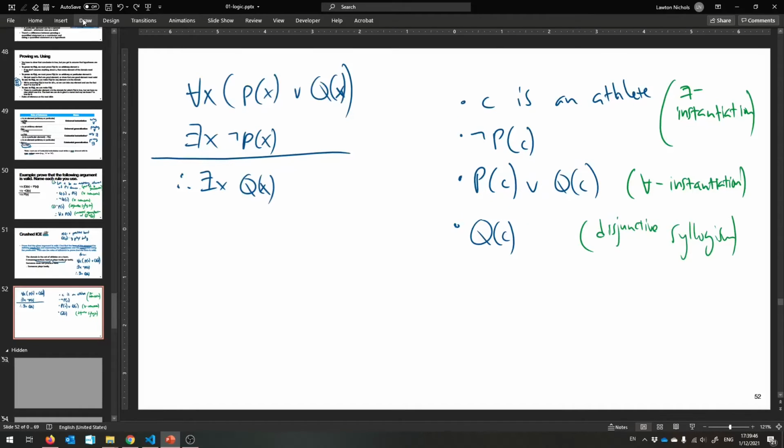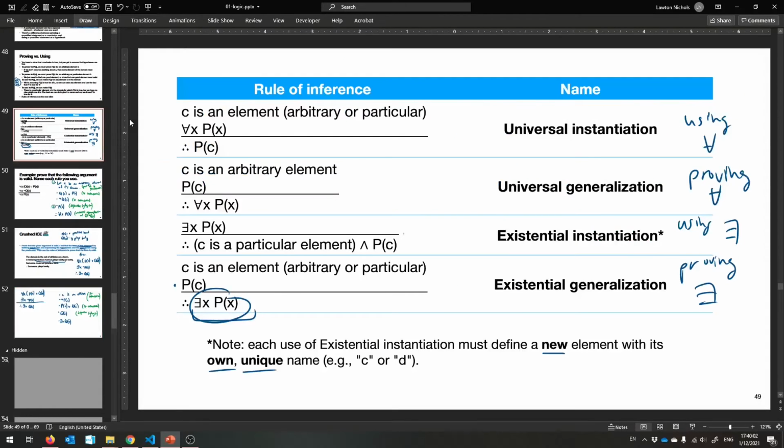That is my proof of disjunctive syllogism, but you can definitely use a truth table to prove it. And so we have Q of C now, which means we just proved there exists an X, Q of X. It's C. It is existential generalization with the fact that we know that C is an element and P of C.